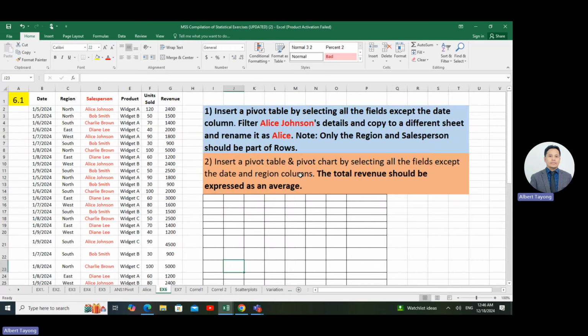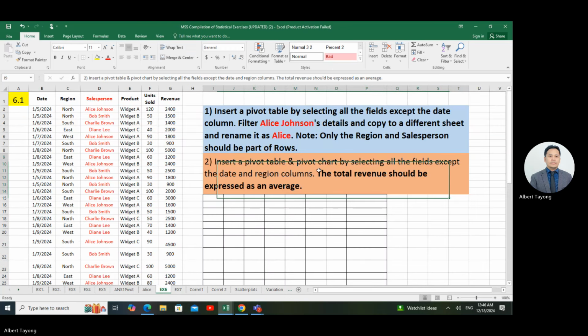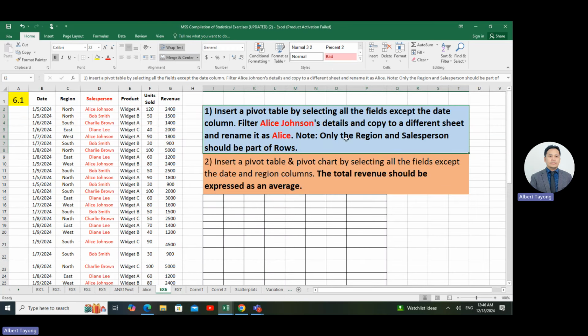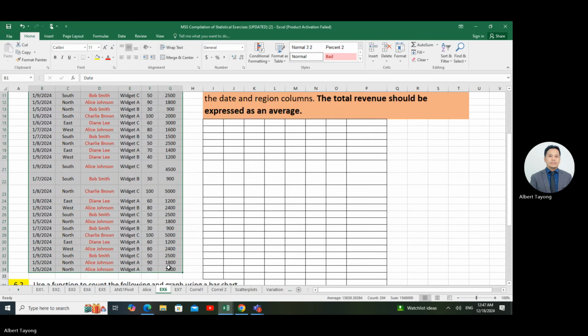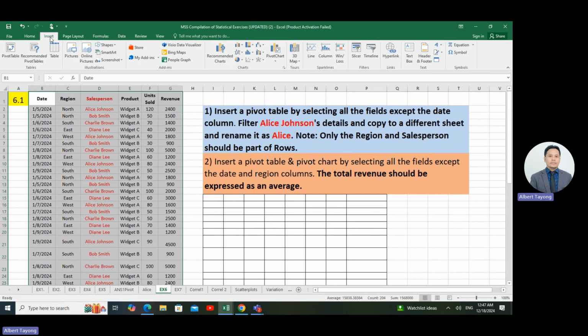Let's proceed to the second question. So we are done here. The second question says we're going to insert a pivot table and pivot chart by selecting all the fields except the date and the region columns. And the total revenue should be expressed as an average. So we have to select the whole table and insert.